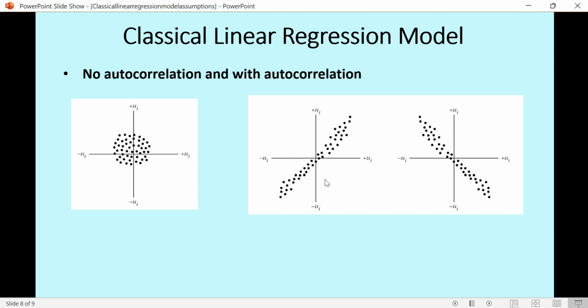So this has a positive correlation, but this figure shows a negative correlation because ui and uj have different signs. One is positive and another is negative, right? This is called autocorrelation, and actually this is very close to perfect correlation. And this figure shows they have no correlation because they are random values.